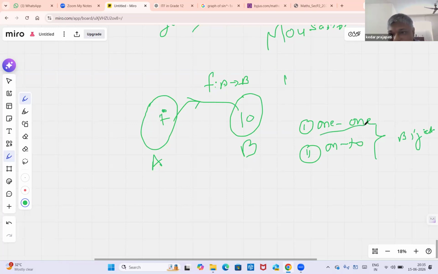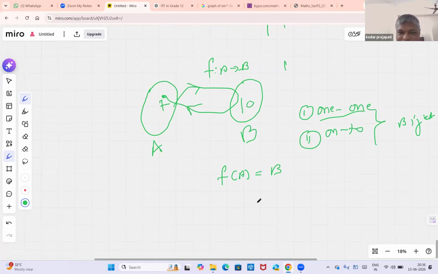Now, in the same relation, when f inverse will also exist, there should also exist a behavior like this. What I'm saying is, you wrote here, f of A equal to B, it is a function.